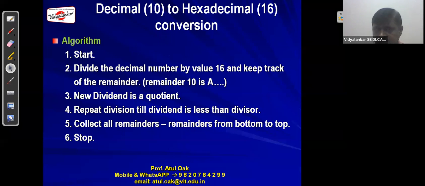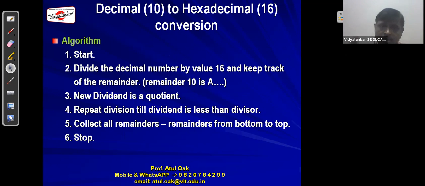But now this is a little tricky. You need to be a little careful in this particular conversion, because in hexadecimal, along with digits, we also use alphabets. You have noted that also.